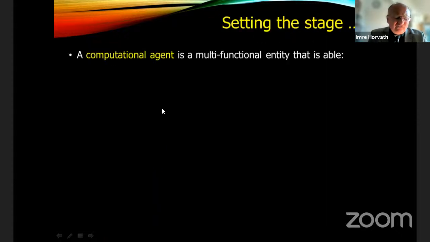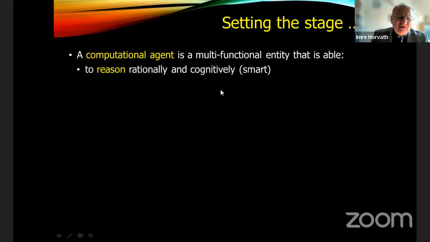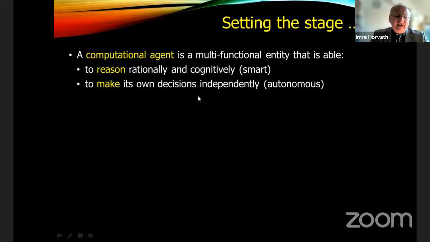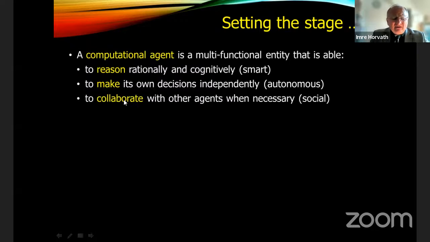And if we want to discuss it further, I set the stage with the following statements. A computational agent is a multifunctional entity that is able to reason rationally and cognitively about the task it is supposed to execute. So there is a kind of smart behavior attached to it. It makes its own decisions independently, so there is a given level of autonomy, and it collaborates with other agents when necessary.